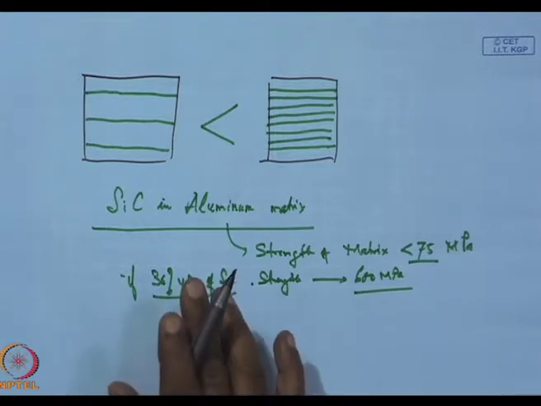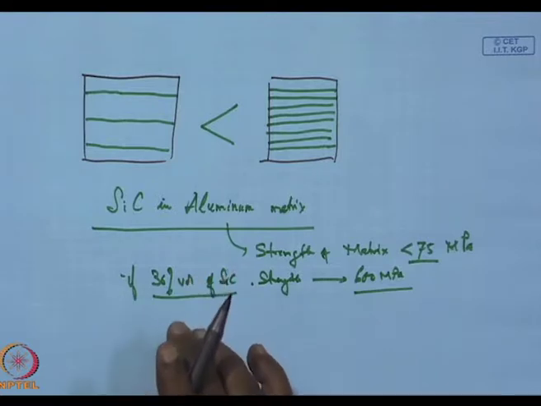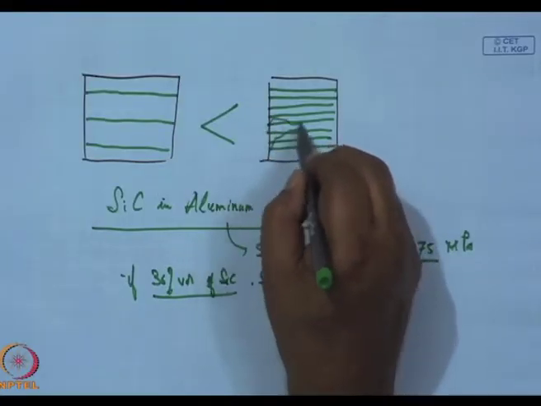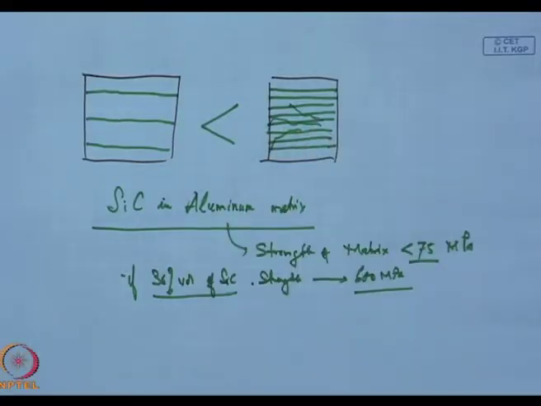However, one thing is very important, that yes, higher volume fraction of fiber reinforcement is essential to increase the strength, but it is also very essential that the fibers do not entangle with each other.